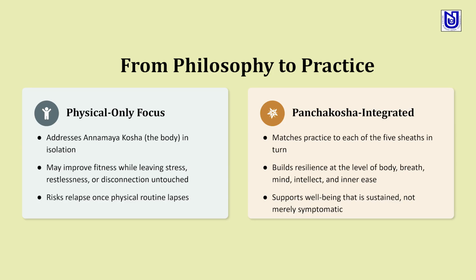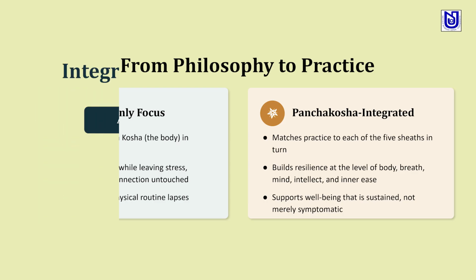This helps build resilience at the levels of the outer body, but also to the inner sheaths through breath, mind, intellect, and inner peace. This supports well-being that is sustained and not merely symptomatic, which means it supports holistic health.